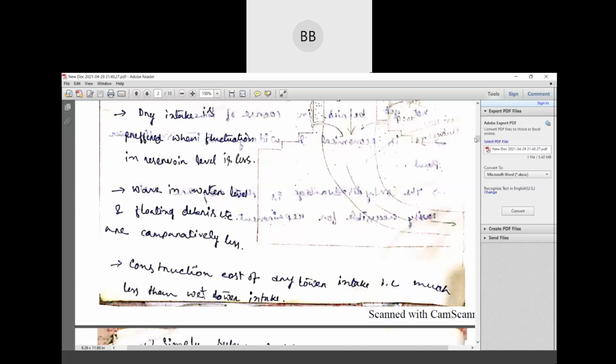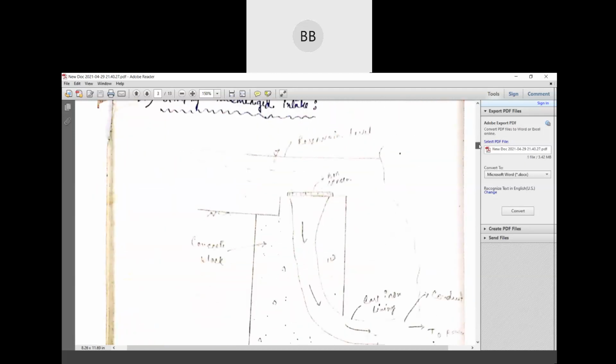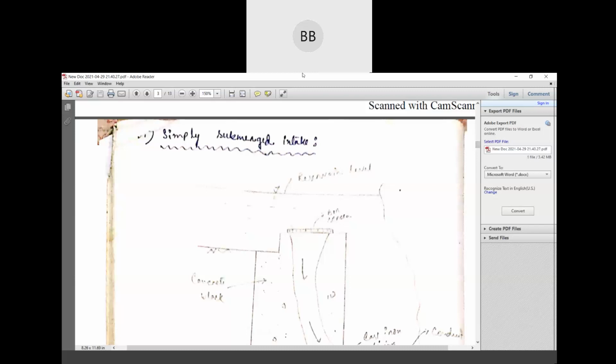Then we have some more intake structures which nowadays we don't use, but it's still in your syllabus, so we are discussing. Next you write simple submerged intake, because this intake structure has lots of disadvantages. Anyway, it's still in your syllabus.